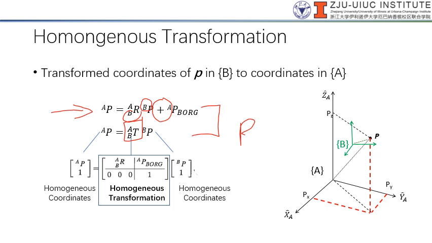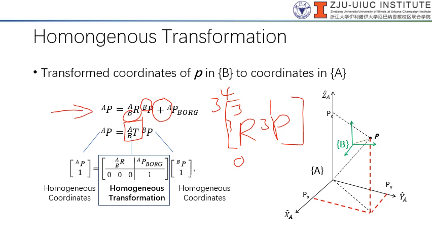If you recall, your R is a 3 by 3 matrix and your P is a 3 by 1 matrix. So this whole thing is going to be a 3 by 4 matrix. But the homogeneous transformation matrix is a 4 by 4 matrix, the same number of rows and columns. We like that kind of property. We want something like that.